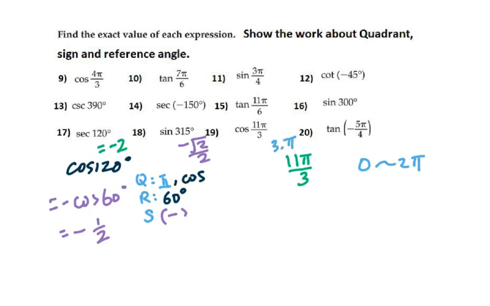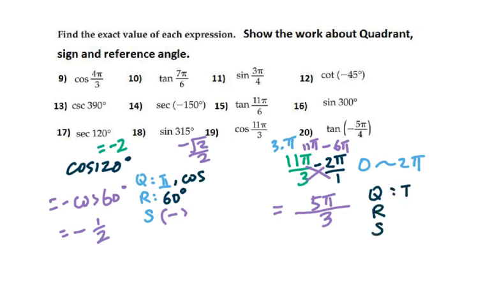So we need to subtract 2 pi. Then we do cross multiply here. We got 11 pi minus 6 pi. So we got top is 5 pi. Denominator multiply, that's 3.